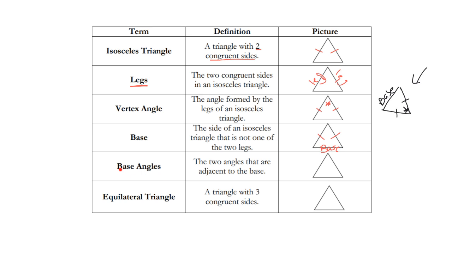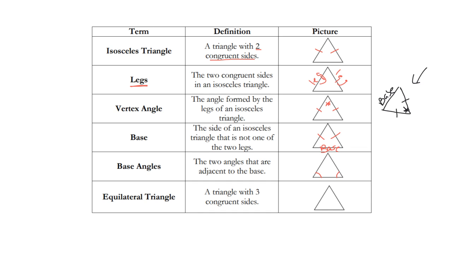So then we have the base angles. Well, I'll just tell you, the base angles are the ones that are not the vertex angle, right? So the 2 angles that are adjacent to the base or next to the base. So again, if we said this is our base, the 2 angles that are next to the base are these 2 here. And again, not the vertex angle. So this angle right here and this angle right here are our base angles, the angles that the base connects.